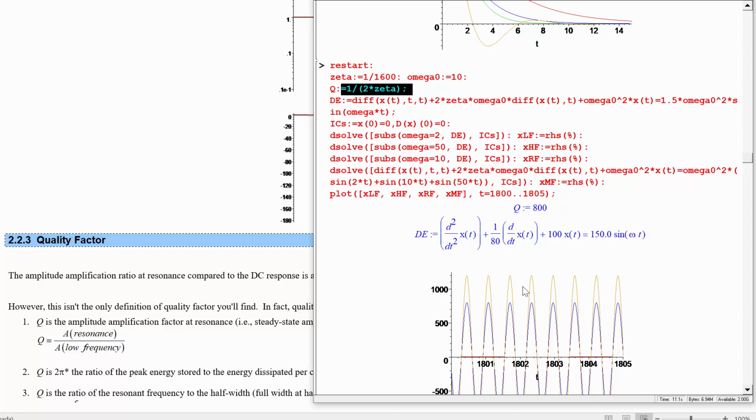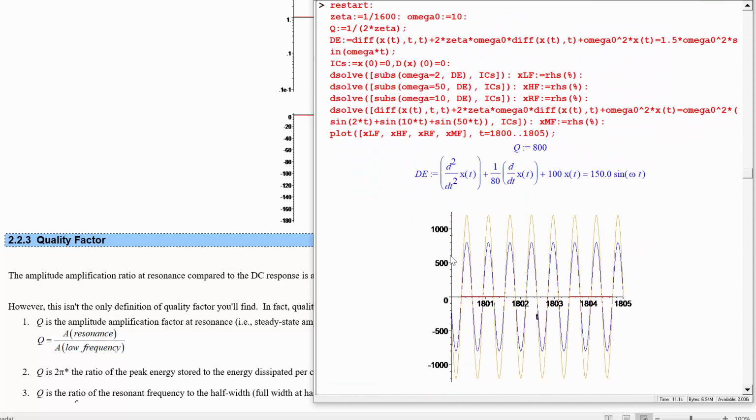Quality factors can be quite large, right? In resonant systems, you'll see papers with quality factors in the billions and even hundreds of billions for optical systems that allow you to have really amazing responses in certain physical situations. So why you want a large quality factor has to do with this filtering effect.